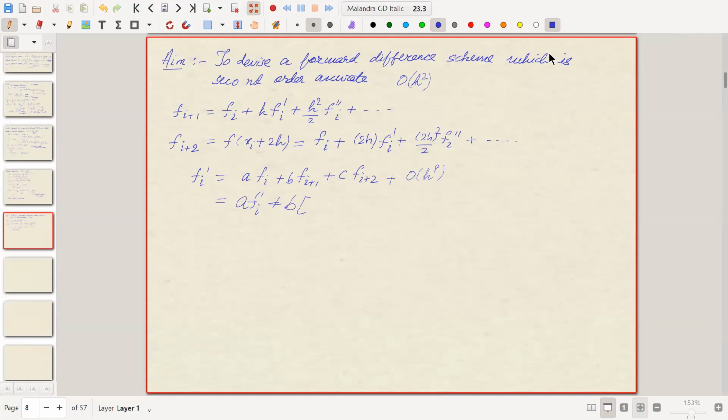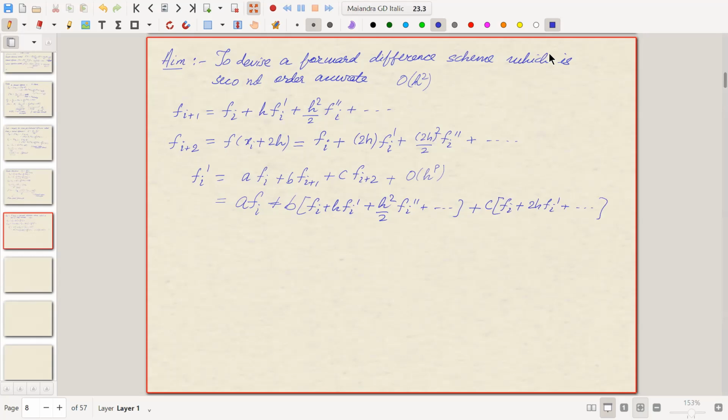It is f i plus h f i prime plus h square by 2 f i double prime, and so on. Plus C f i plus 2, that is f i plus 2h f i prime plus and so on.